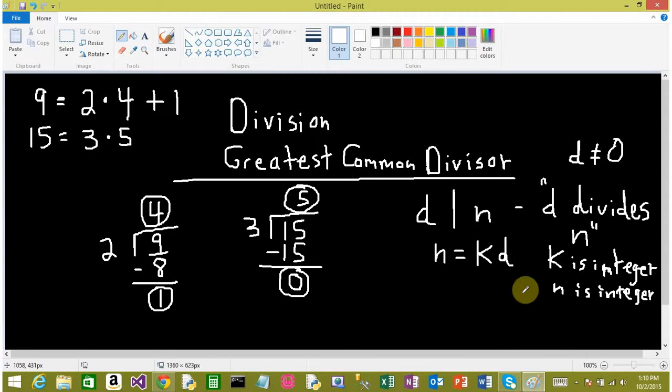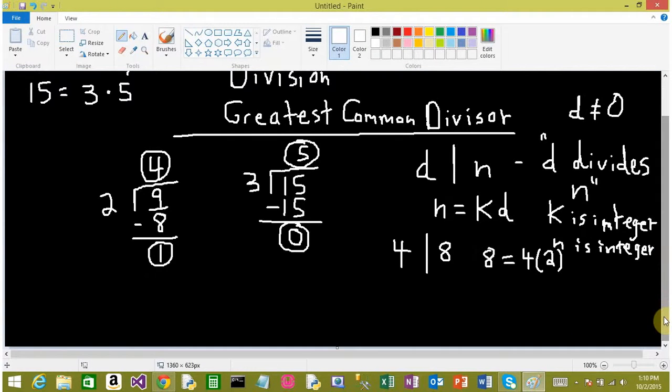So for example, you can say that 4 divides 8 because the number 8 is equal to 4 times 2. So this number here, 8, we put here, and the number 4 goes here for D, the divisor, and when we figure out 4 times what number is 8, that's 2. So that's the number k.